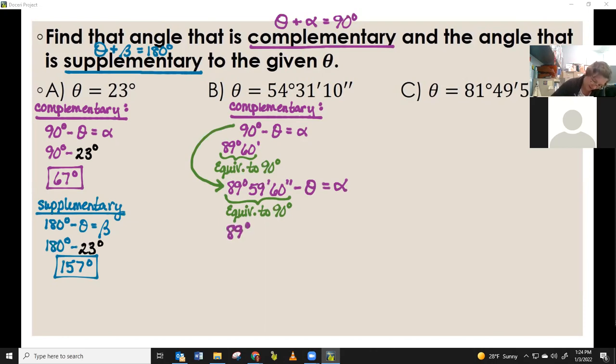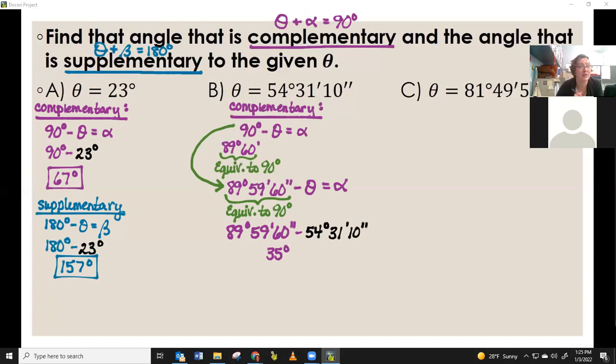So if I did 89 degrees, 59 minutes, 60 seconds, minus our angle theta, which is 54 degrees, 31 minutes, 10 seconds, what would my complementary angle be? 35 degrees.